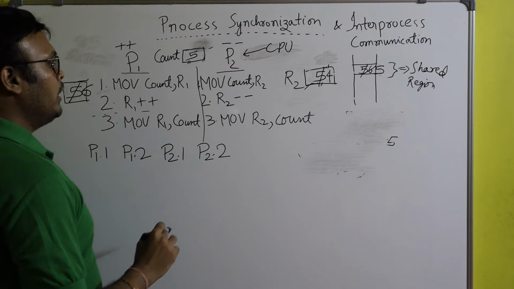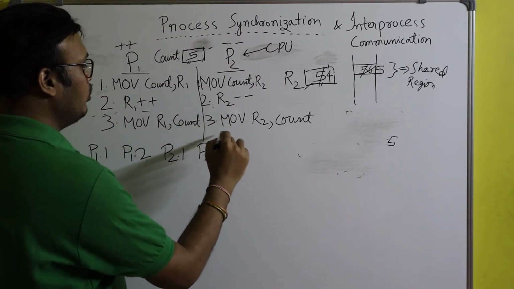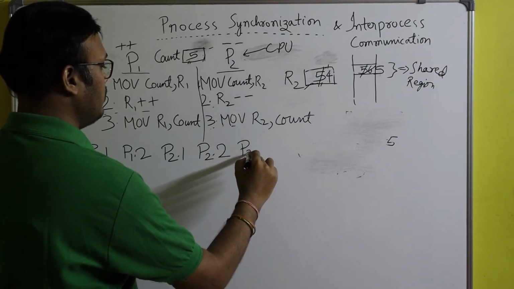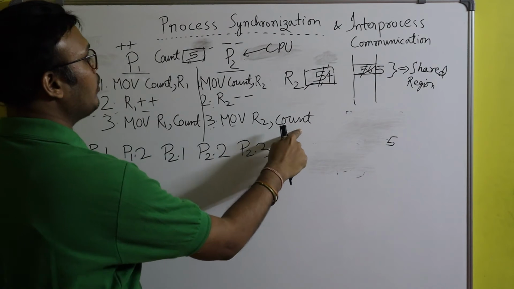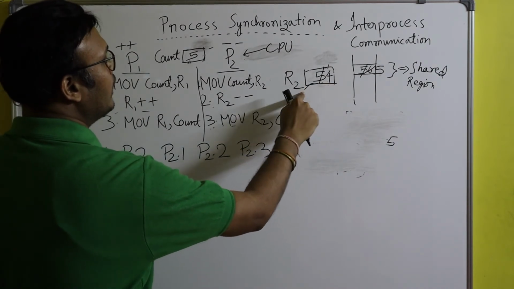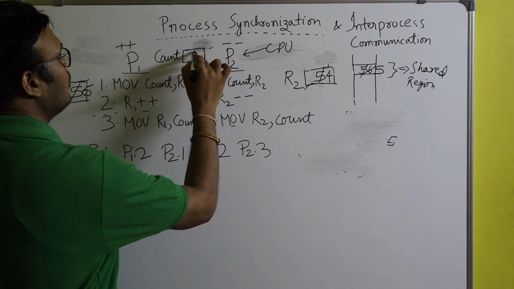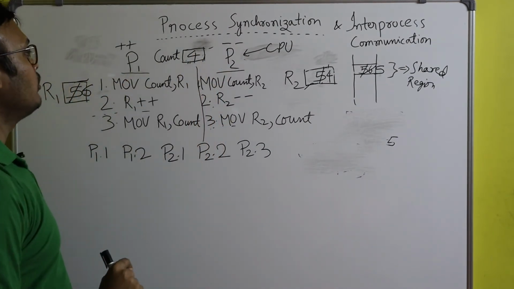After this, process P2 executes its third line, P2.3. What is the third line? Move R2 comma count. So the value of R2 is moved to count, and count will contain 4.